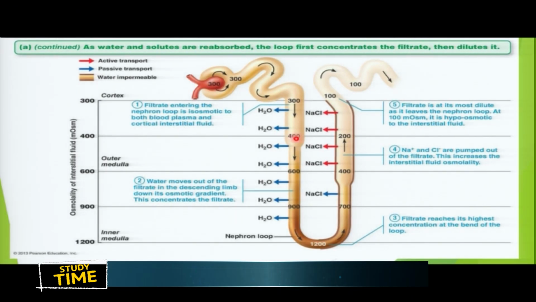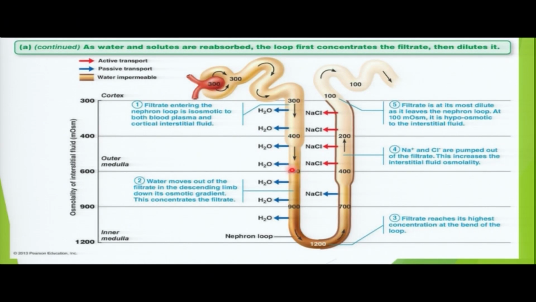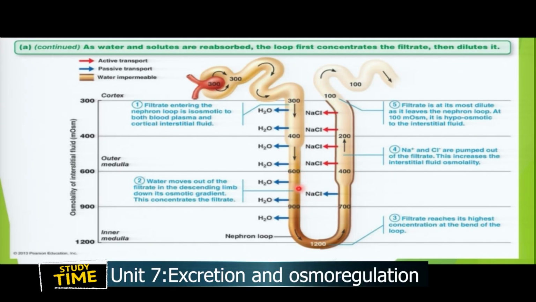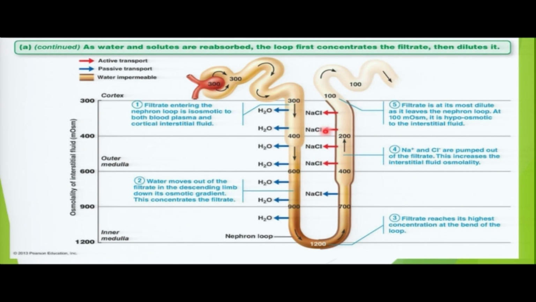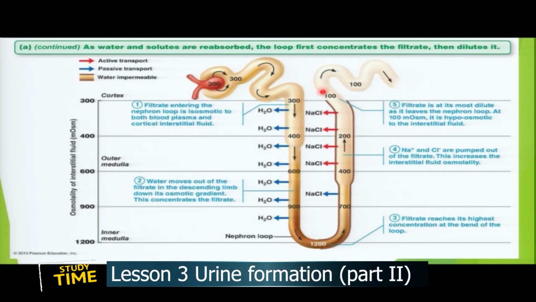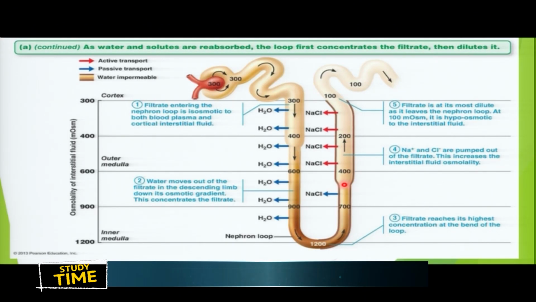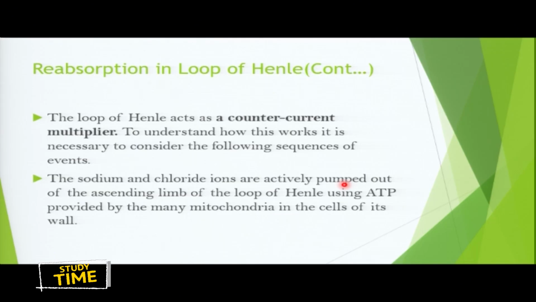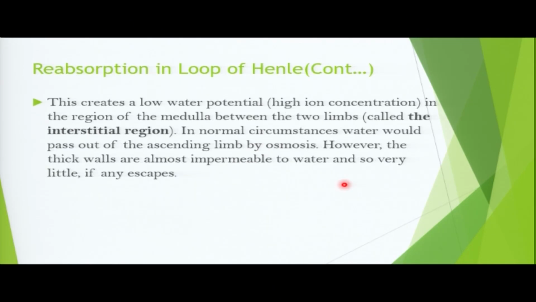That's why we have 400. If water continues to be removed, the concentration of solute will also increase. Water is removed here, this is the descending limb. Then here, salts are going to be removed. Are you getting this? This is the loop of Henle and how it is working. Then the remaining filtrate has to pass to the distal convoluted tubule. You can ask what happens at the distal convoluted tubule.